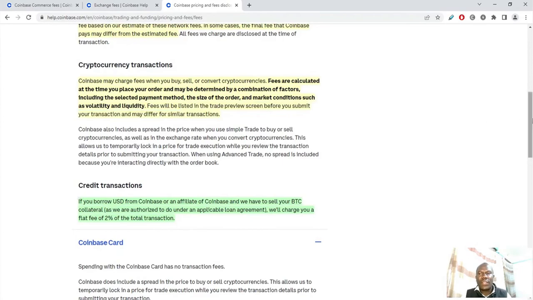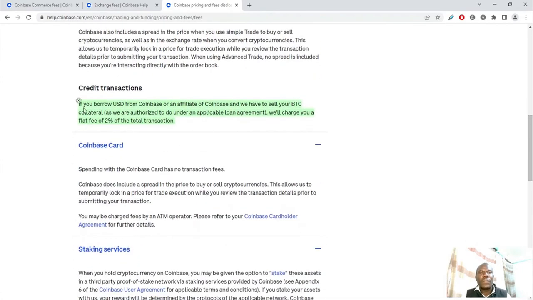And for the credit transaction, if you borrow USD from Coinbase or an affiliate of Coinbase, Coinbase will sell your BTC as collateral. As Coinbase is authorized to do this under the applicable loan agreement, they'll charge you a flat fee of 2% of the total transaction.